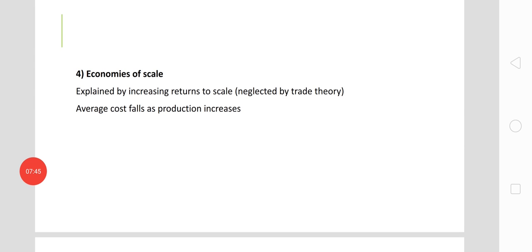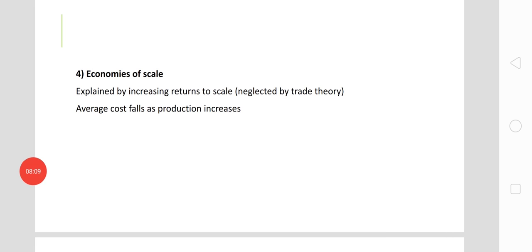Another factor contributing to the comparative advantage of a nation is economies of scale. So what is economies of scale? Economies of scale is the advantage of large scale production, that is the falling average cost with the production process. So as the production increases, average cost will be coming down.